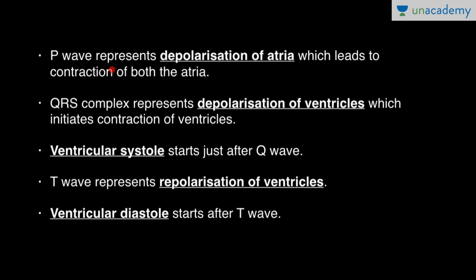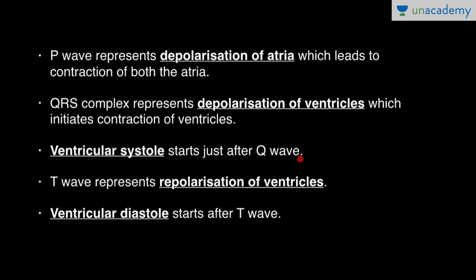The P wave represents depolarization of atria, which leads to contraction of both the atria. The QRS complex represents depolarization of ventricles, which initiates contraction of ventricles. Ventricular systole starts just after the Q wave.